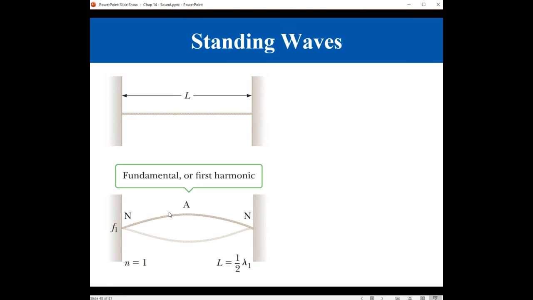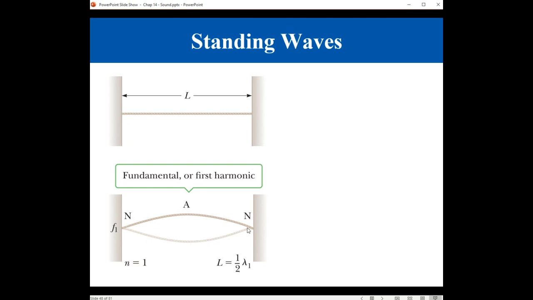The first situation, the whole string is equal to half wavelength. So L equals 1/2 lambda. This is called the fundamental or first harmonic for the oscillation.